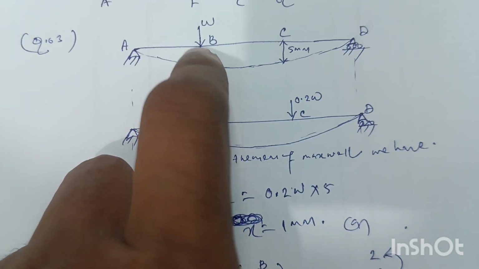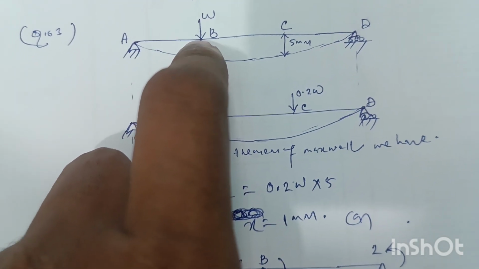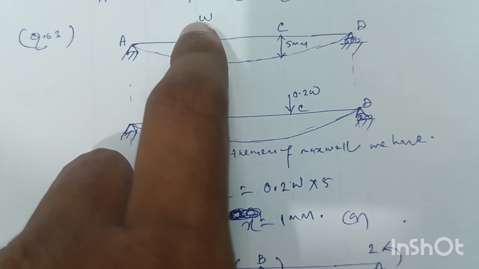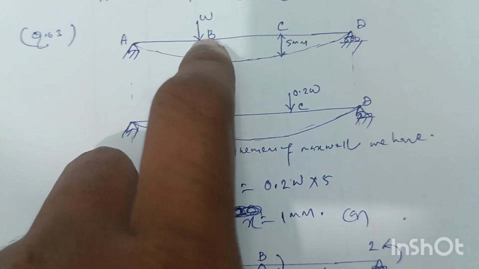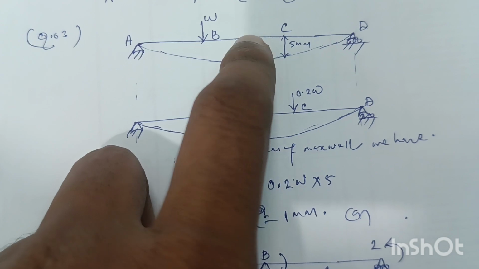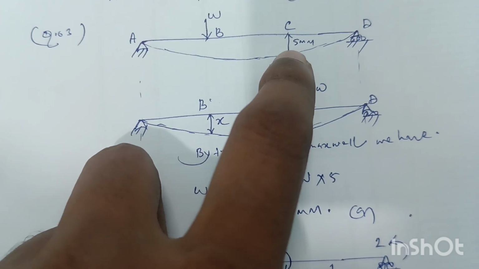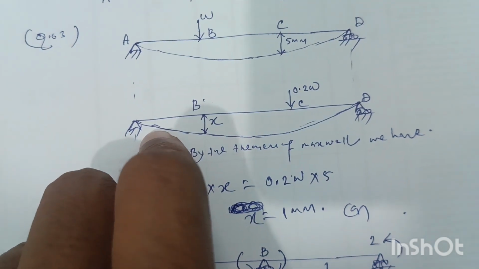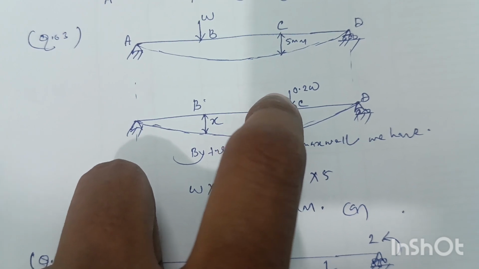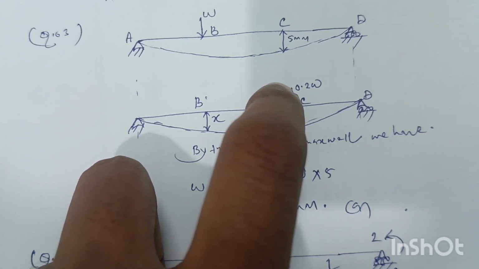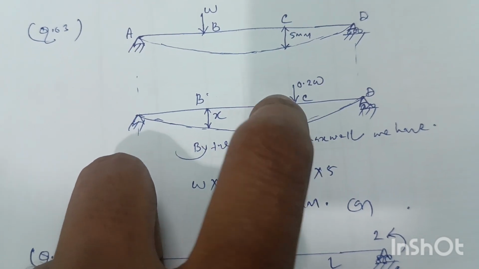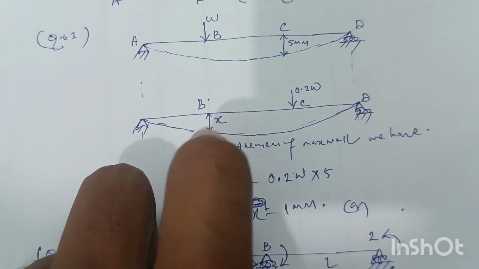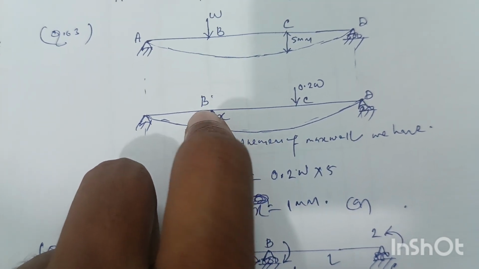So at the coordinate B, the beam is subjected to a point load W, and for this load at the coordinate C the deflection is 5 mm, and for the same beam when it is subjected to a point load of 0.2 W at the coordinate C, then we have to determine the deflection at the coordinate B.